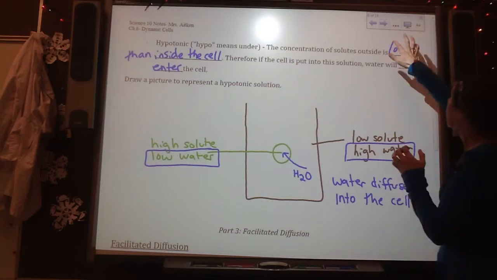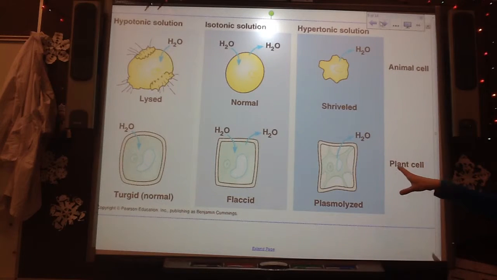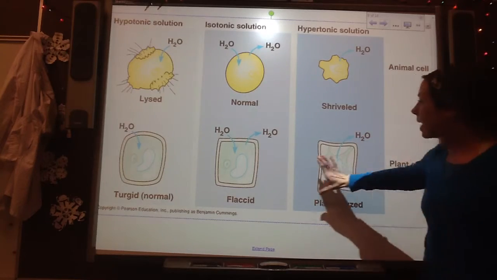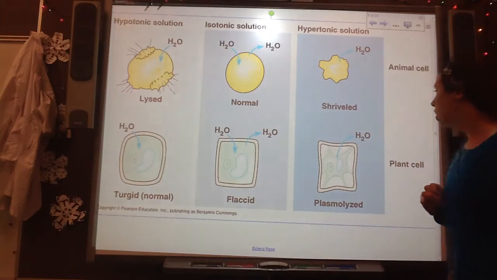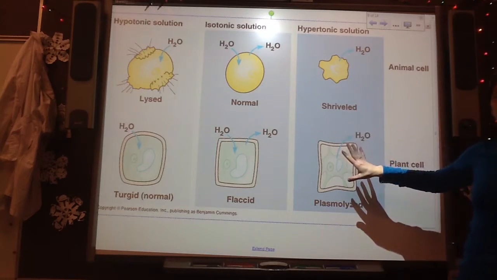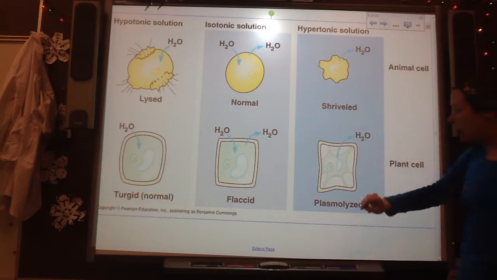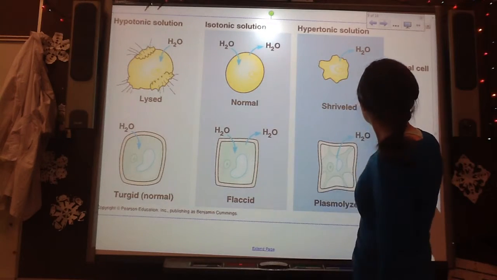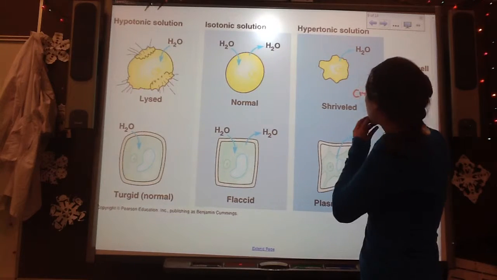And I think you guys have this diagram in your notes, right? So you can see, these are plant cells, and these are animal cells. So look at this, this is hypertonic. We know when an animal cell goes through hypertonic, that was called crenation, and it shrivels up.